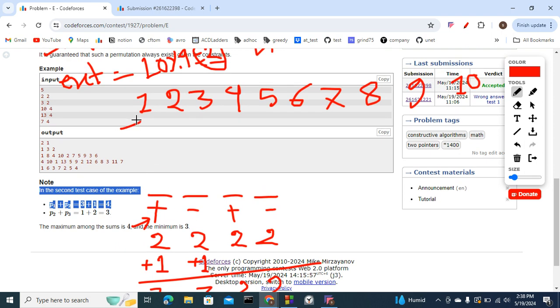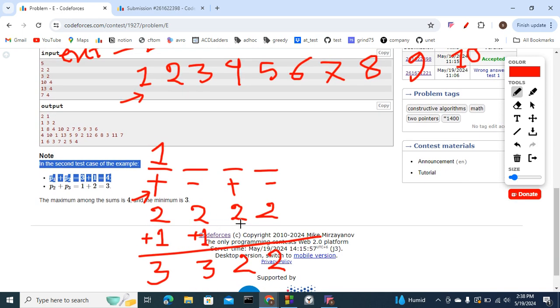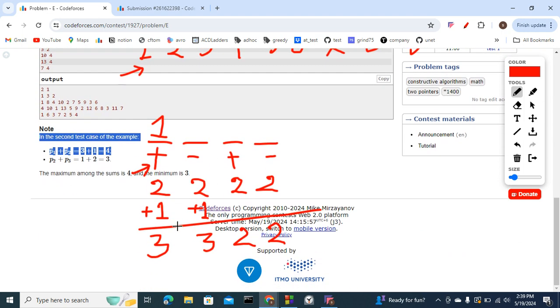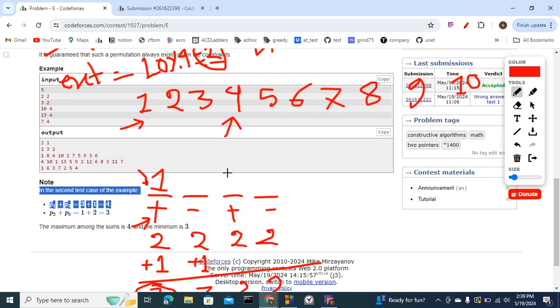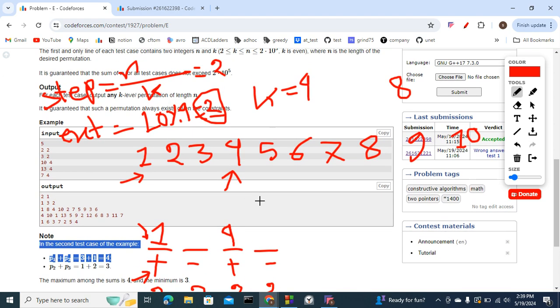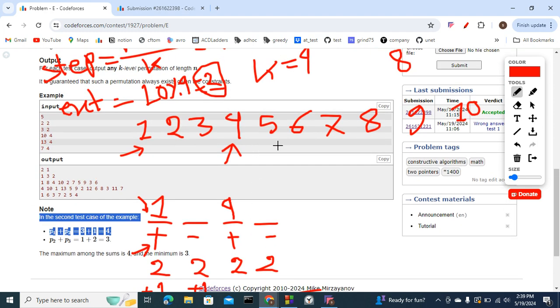Now we start with 1. We are keeping 1 here. The first position has 3 steps, so we will go 3 steps from here. So 4 will be here, and as this 4 has 2 steps, we are considering 2 steps here.